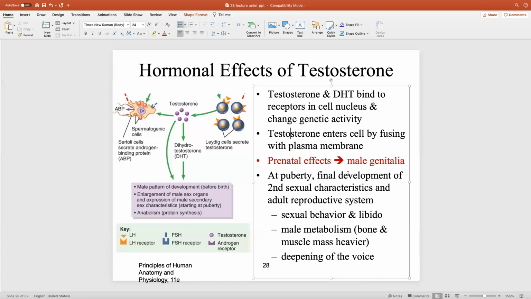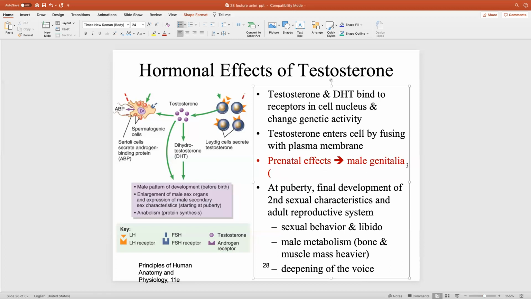And what happens then with the release of testosterone? It causes the male genitalia and the male Wolffian ducts to develop. It also causes the female Müllerian ducts to die and undergo atresia. And it kind of makes sense. Now we have testes and we have the vas deferens, we have the seminal vesicles, we have the prostate that develops with the testes, right?